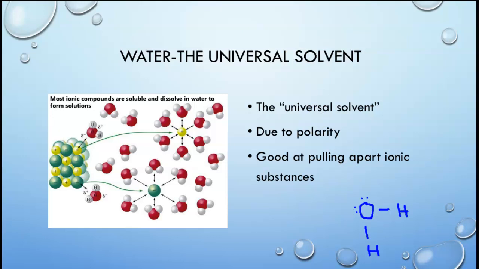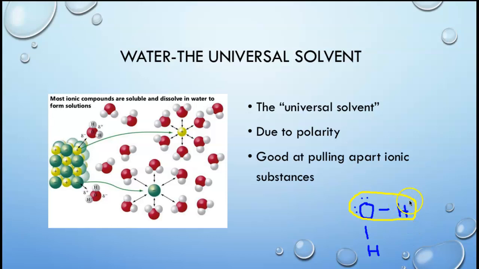Now, way back in the chapter on molecules, on compounds, we said that the oxygen-hydrogen bond of water is polar. That means that the oxygen and hydrogen are not sharing the electrons equally.